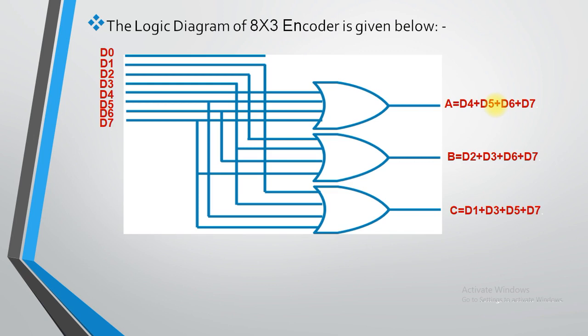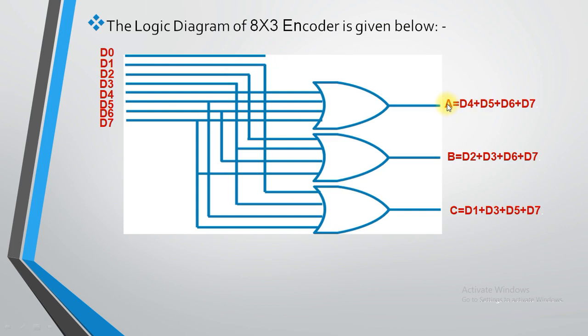Over there we have used 4 and 8 AND gates because our output is either 4 or 8. Over here we have 3 outputs, so we have drawn 3 OR gates. The input line D0 is open, that means it cannot be used with any of the gates because it is not there with any of the outputs.